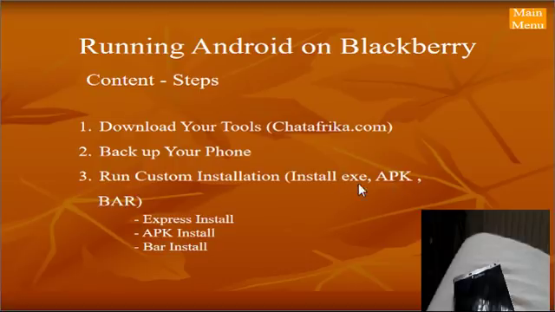Like I've explained to you, there's an exe that you install, and that just does an express flashing of your phone, and you just put a bare bone fresh Blackberry updated 10.3.0.3 build, which is the latest as of December 2017, and almost flawless. And the next method is installing the APK.